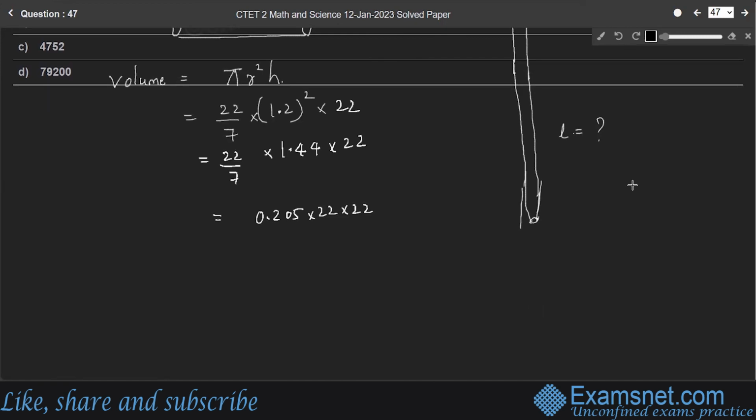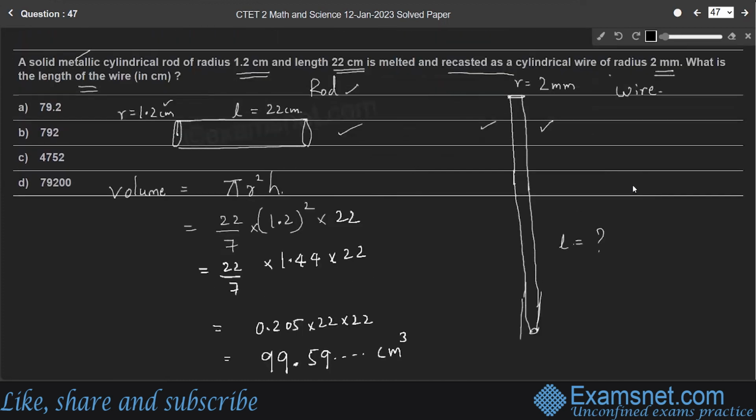So direct multiplication part, you will get 99.56, right? So more than that, if you take the decimal places after two decimal places also, you will get 99.59 something. You will get, right? Centimeter cube as a volume of the cylindrical rod, right?